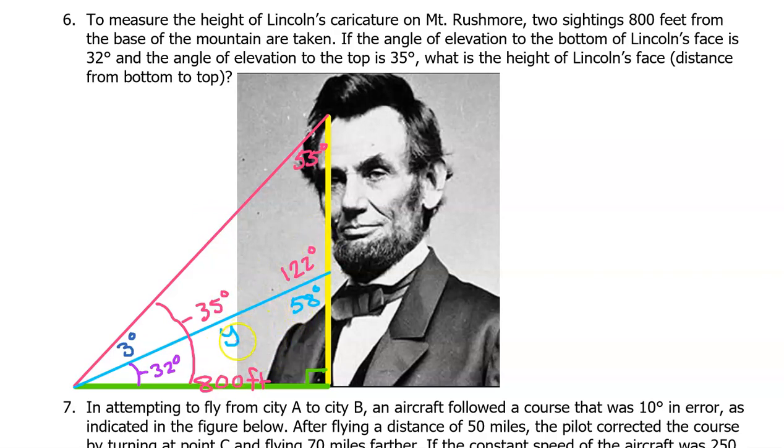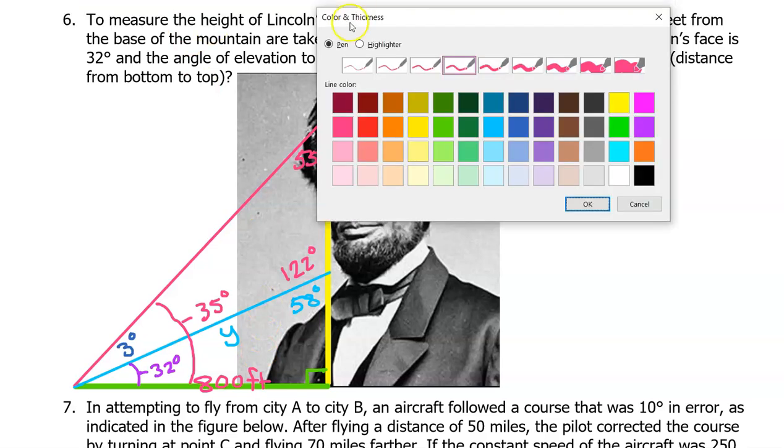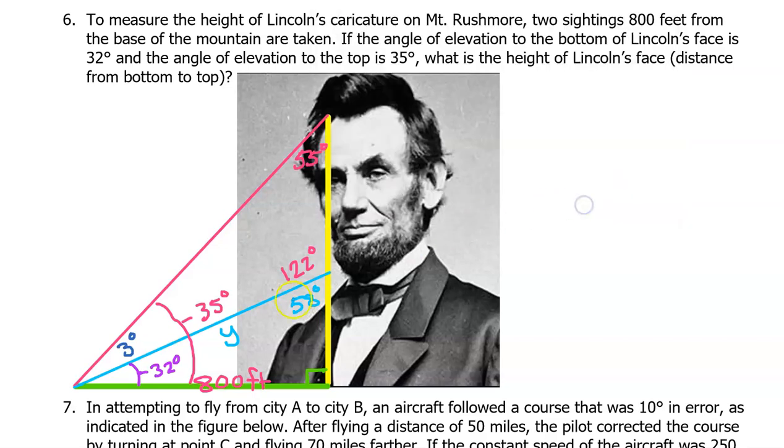Next, let's find the length of the teal segment. Let's find the length of y. I want you to focus on just the bottom triangle. I'm going to use this sea green color. We don't need the law of sines yet. This is a right triangle down here. So if I want to find y, if I use the 32, I can simply use cosine.